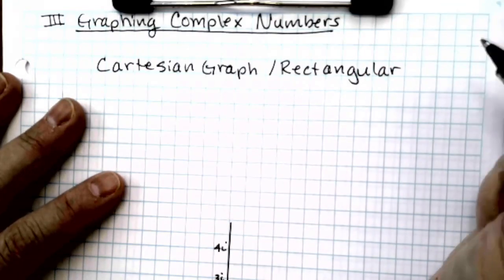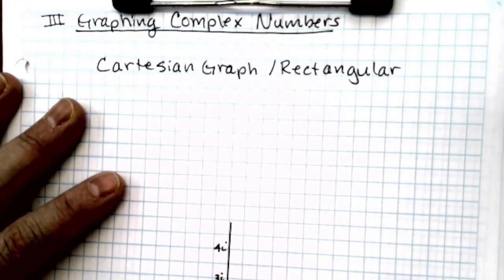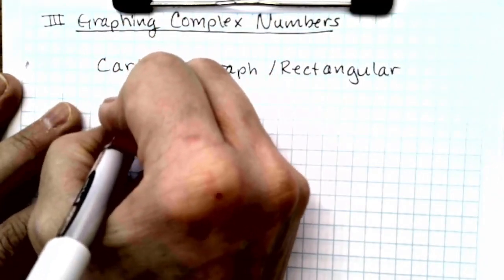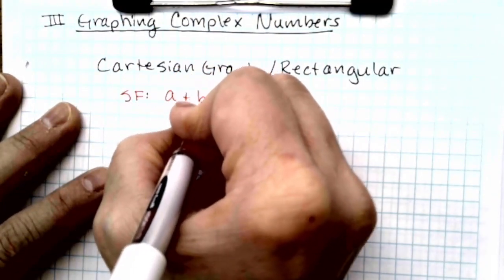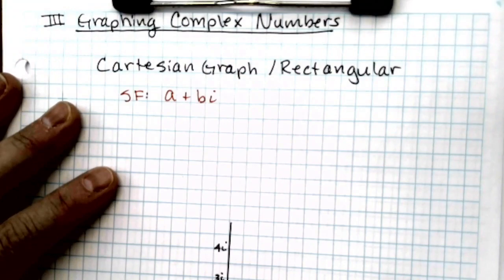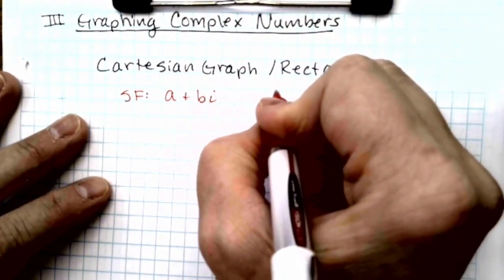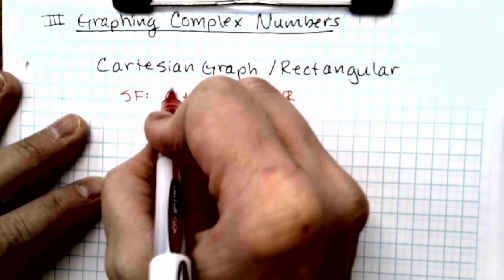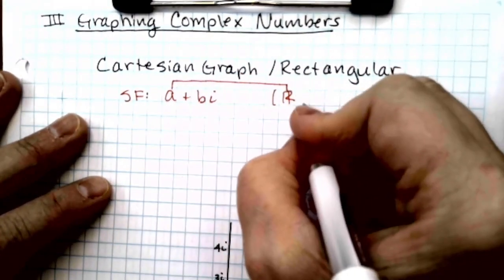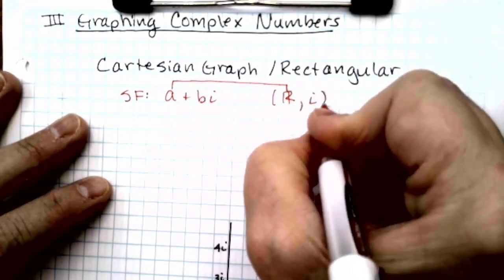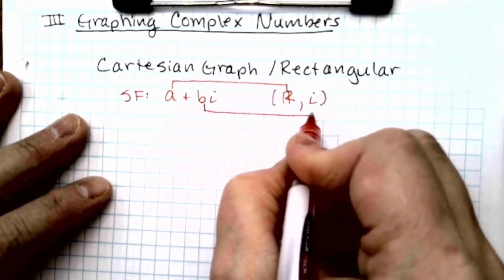And when you're graphing complex numbers, remember that your standard form of a complex number is a plus bi. So when you graph numbers, the real part, which is the a, goes first. The imaginary part, which is the b, goes second.